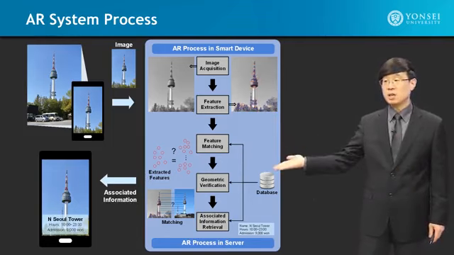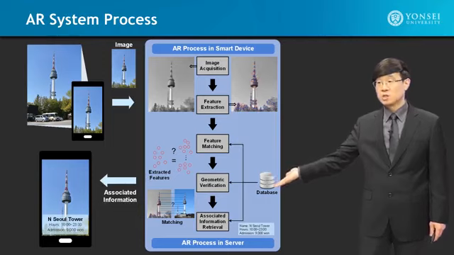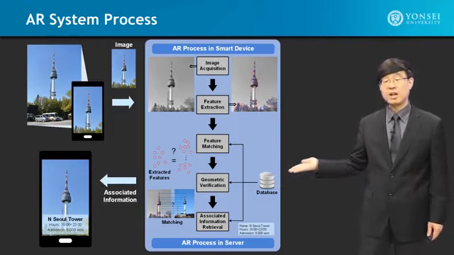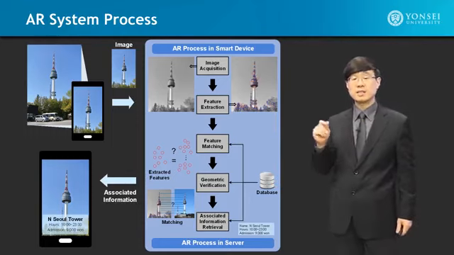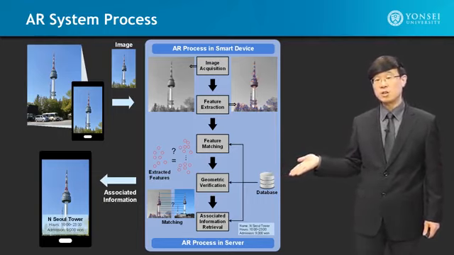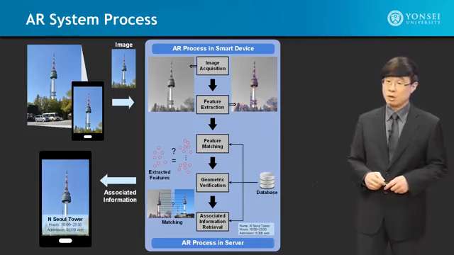In addition, make my feature matching as well as geometric verification, associated information retrieval, come from a large database where there's a lot of varieties and all I need to do is just select what I need to use. If the database is sufficiently large, then that would be possible. On a smartphone, no way you can put a large, big database there.